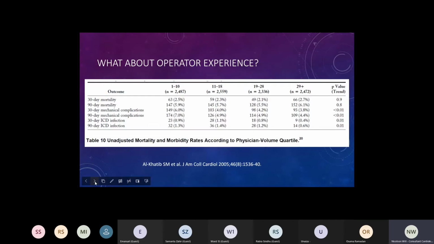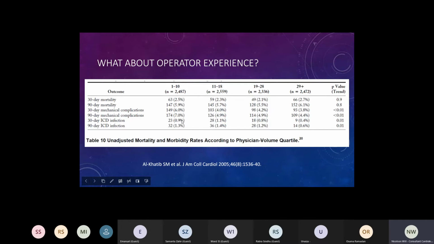And the other big factor is operator experience. Any patient being reported in a trial is probably being done by a consultant that does quite a lot of procedures, because they tend to be the consultants that publish their figures.